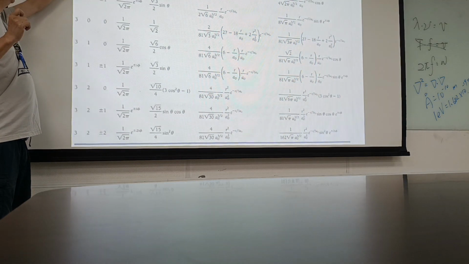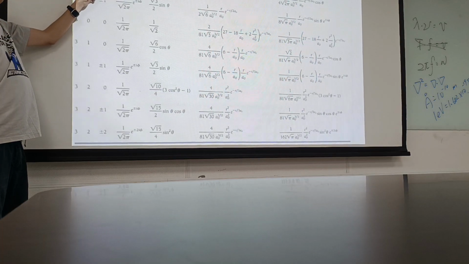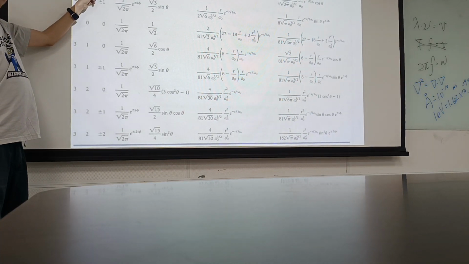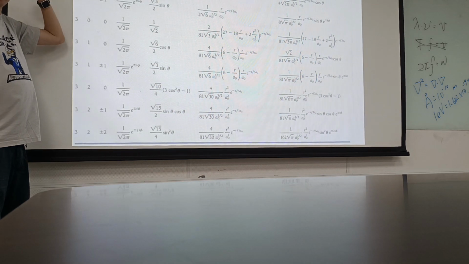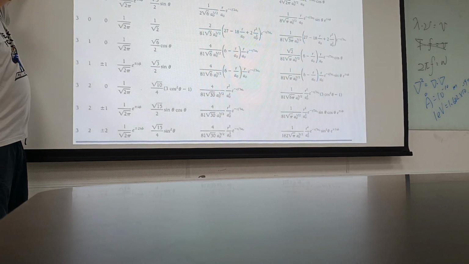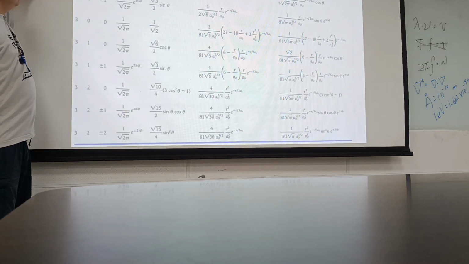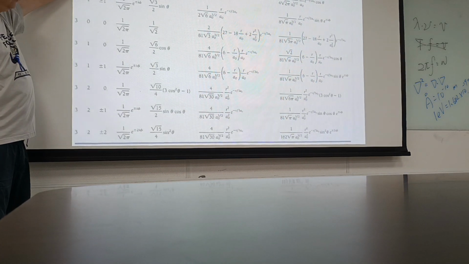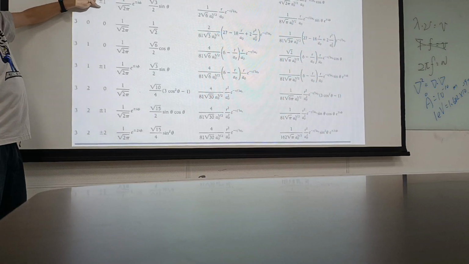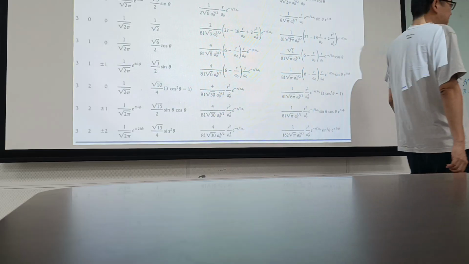For n equal to 2, L can be 0 and 1, because 2 minus 1 is 1. When L equals 0, ml is 0. When L equals 1, ml can be 0, positive 1 and negative 1.